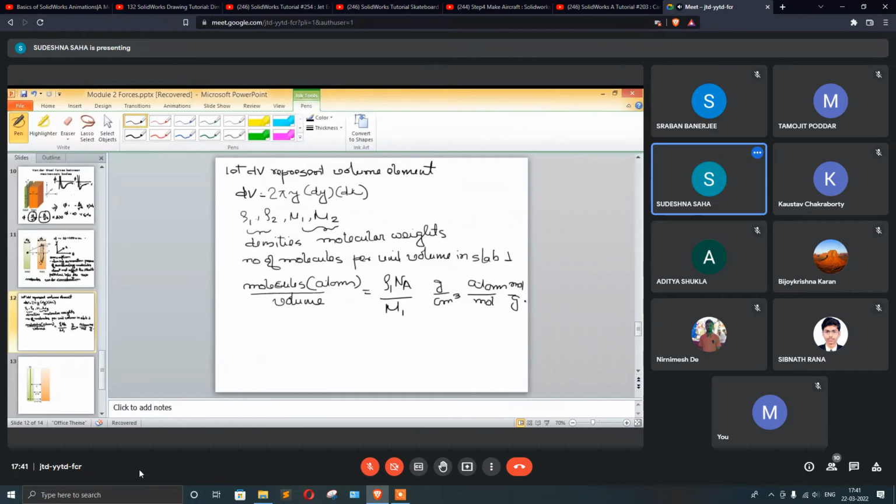Now, here we have actually simplified already our equations for the van der Waals potential.